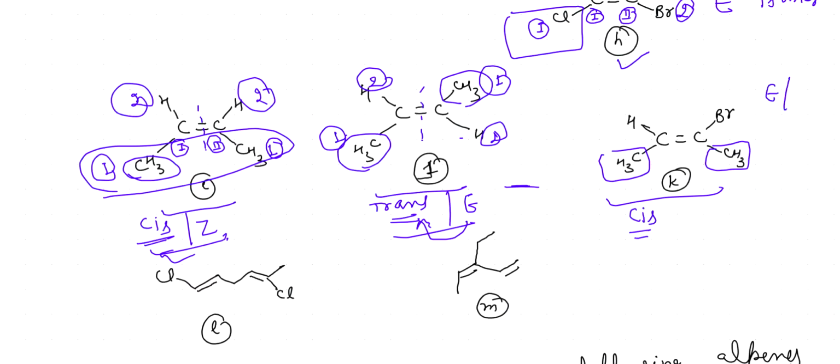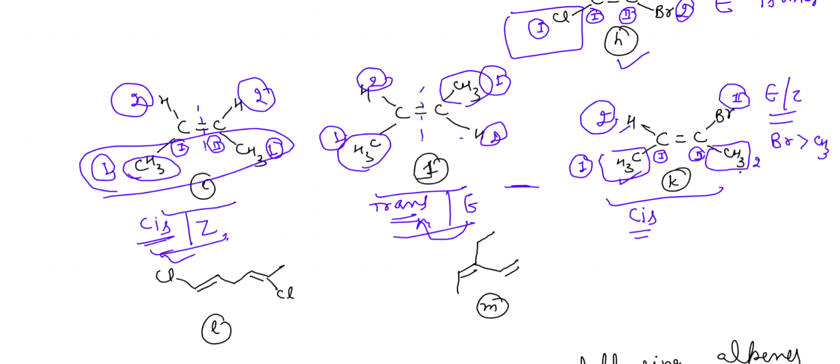This is your carbon number 1 and carbon number 2. Carbon number 1 is attached to a methyl group and hydrogen. Methyl group is given more priority as compared to hydrogen. On the right hand side, there are also two groups, methyl and bromine. Bromine is given more priority as compared to methyl group. So this is your priority number 1 and this is your second priority.